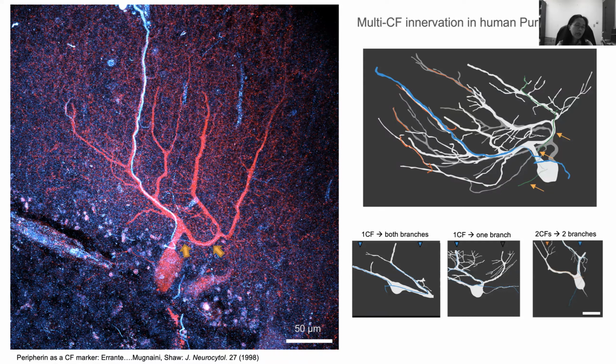When you see a split dendrite, can you identify the two climbing fibers? Oh, yeah, I see what you mean. Like just a probability thing, you mean? Right. Yes. I think theoretically one should be able to do that.